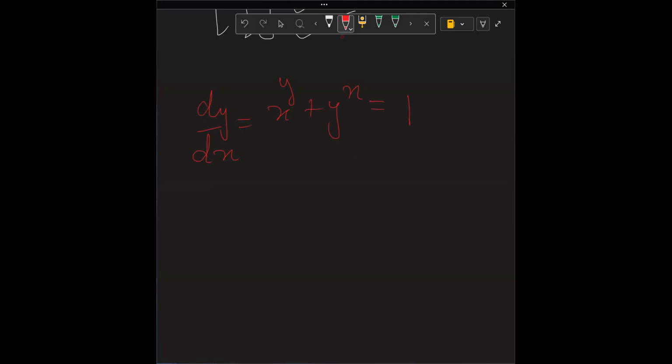I told you while we were doing the chain rule that chain rule is very important and it is going to be used almost everywhere in this derivative chapter.